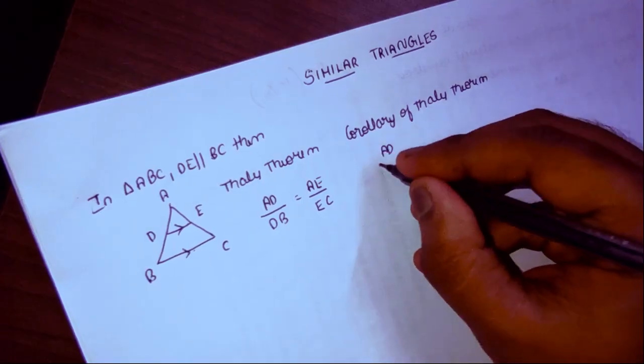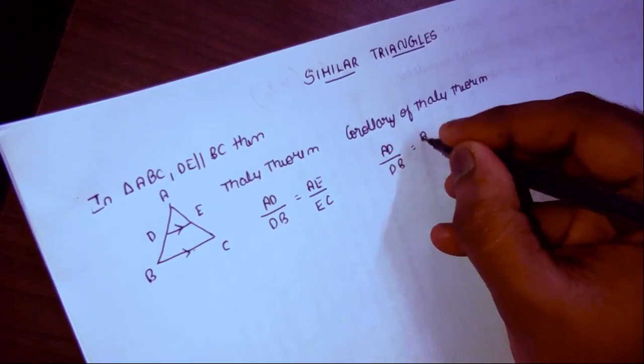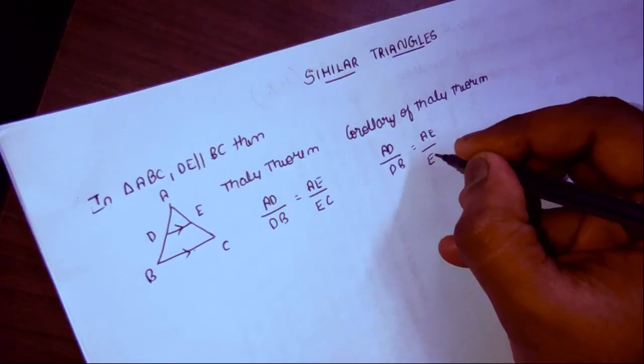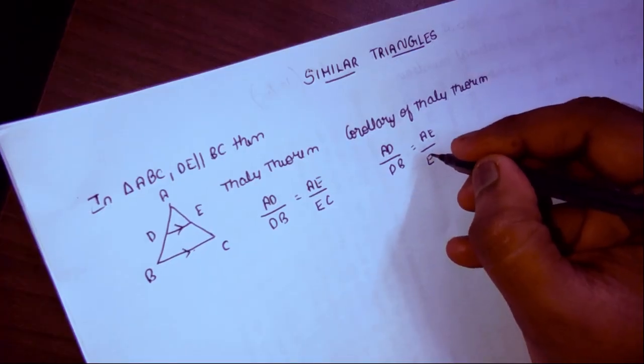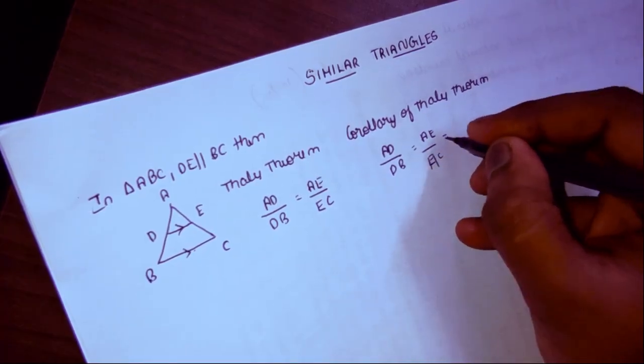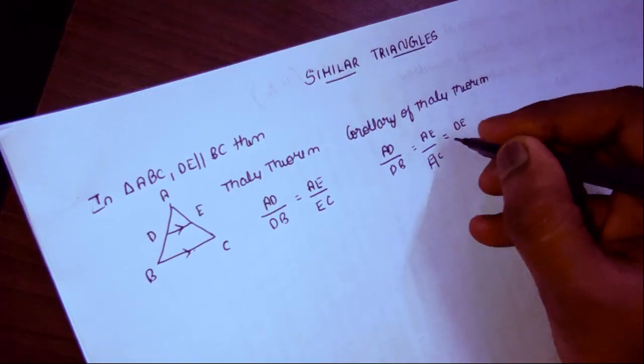AD by DB is equal to AE by EC, which is equal to AB by AC, that is equal to DE by BC.